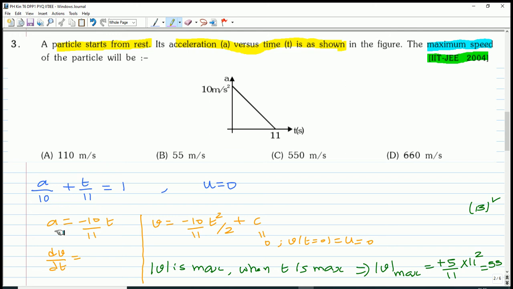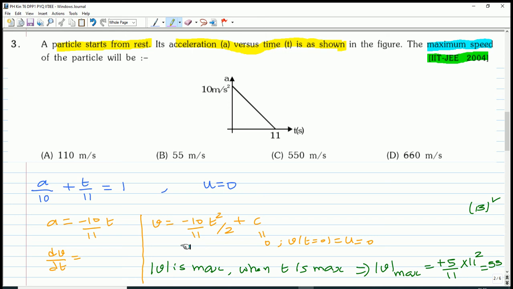From this we can rewrite a as minus 10 by 11 into time. And acceleration is rate of change of velocity, that is dv by dt. Now integrating we get v as minus 10 by 11 t square by 2 plus the integration constant. And it's given the particle starts from rest. So that means that at time t equal to 0, the velocity is 0. So if you put that condition, we get this integration constant as 0.